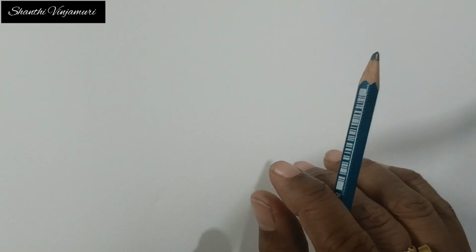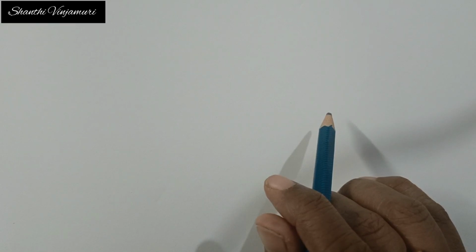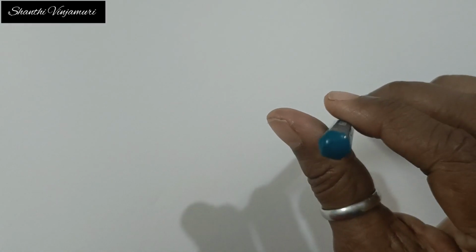So first of all, when we talk about perspective, what is perspective? Perspective is something which you see two-dimensional, in a simple way. Let me not talk about so many definitions. Suppose I talk about this pencil.